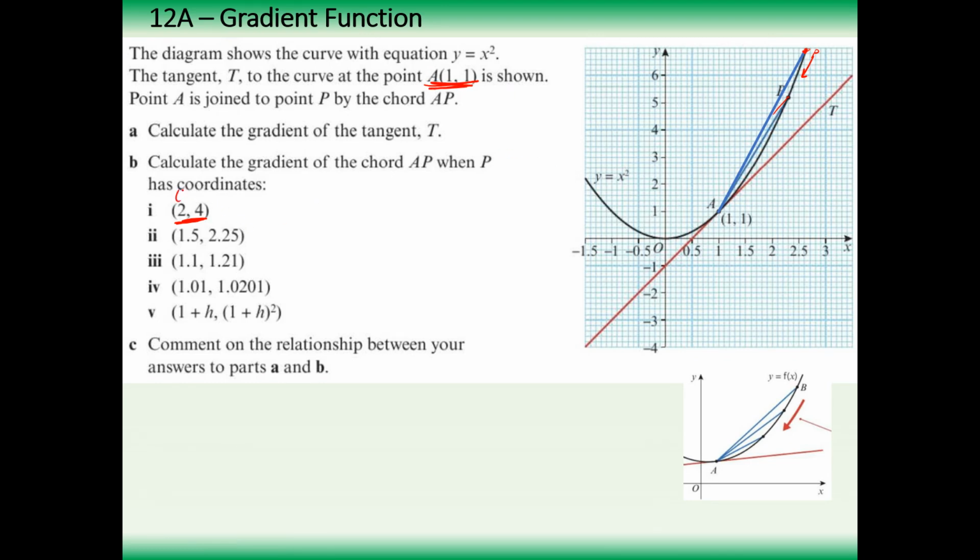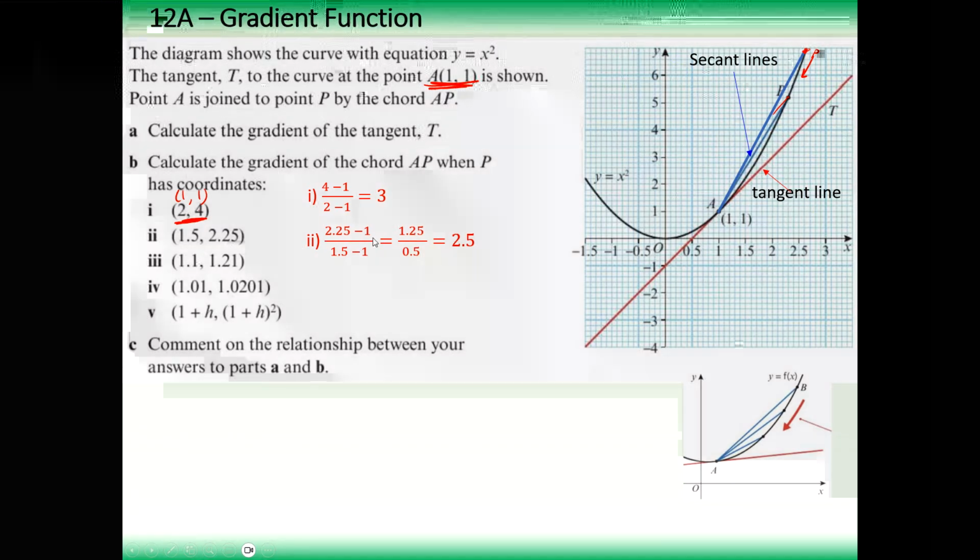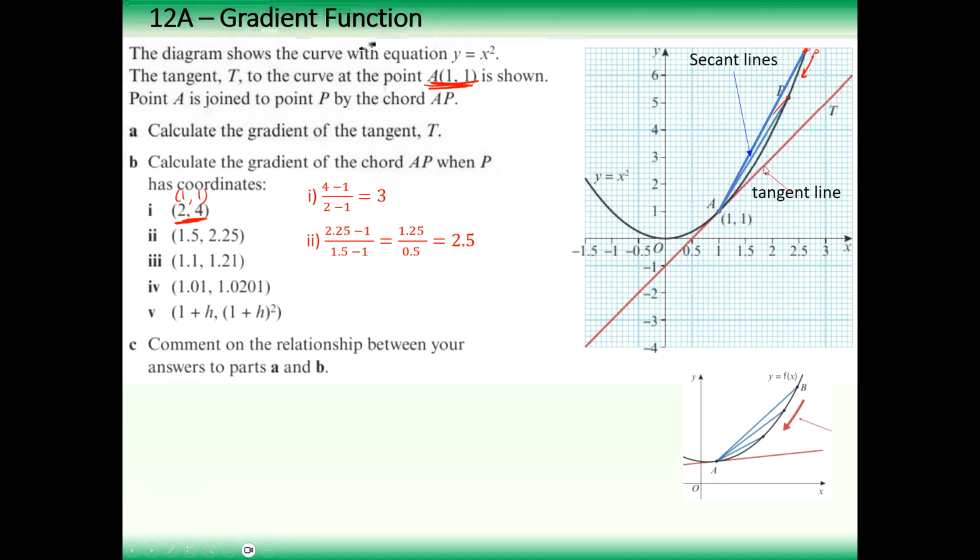So you work out the change of y value and divide by the change of x value, and if we put those values into the gradient calculator, you get 3. Then for the next point where you slide it further down, the difference between 2.25 and so on gives these values. These are just the gradients of those blue lines.